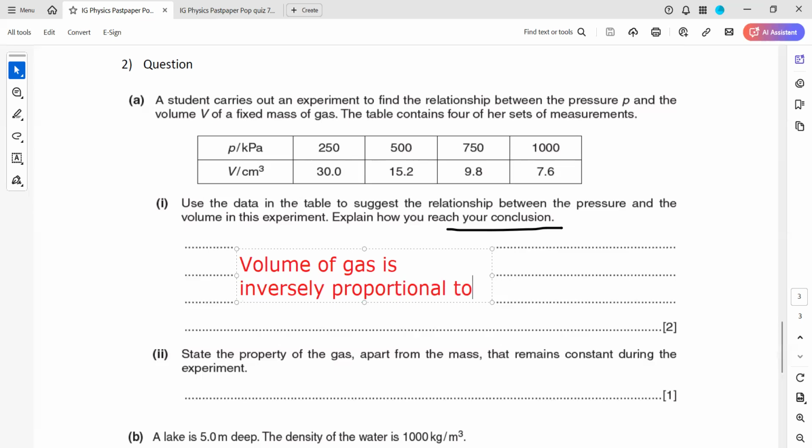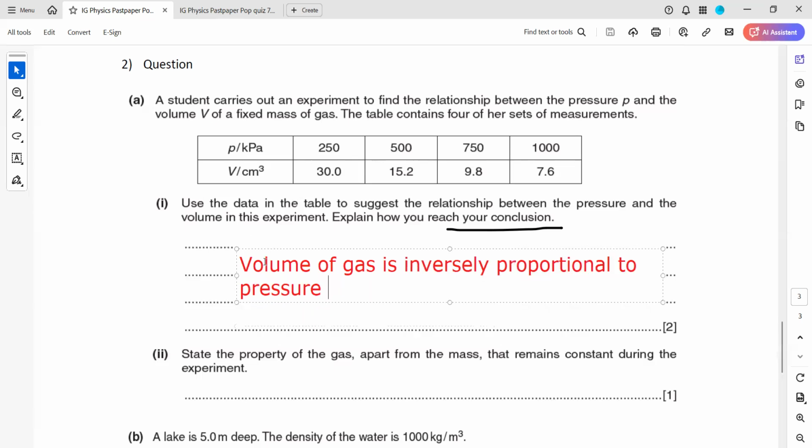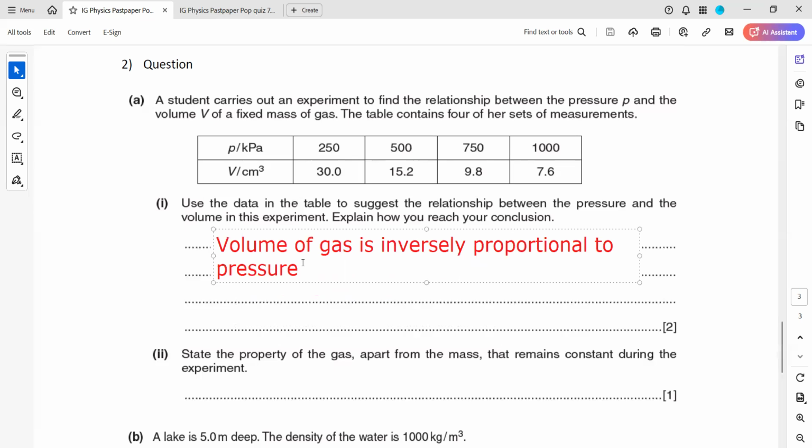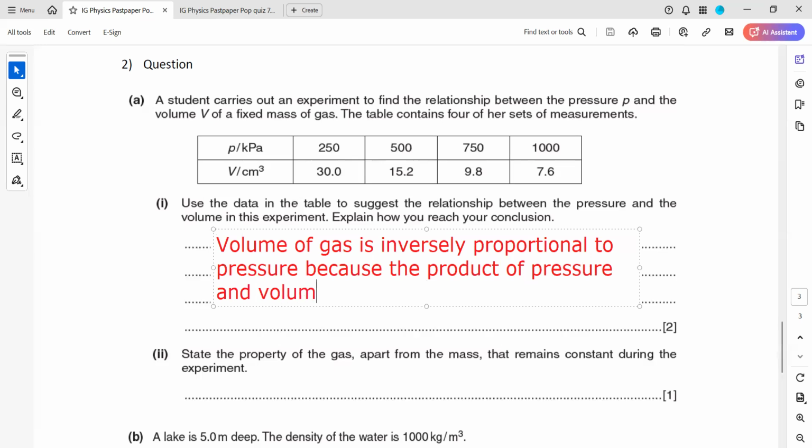Sir, can you include that this relationship follows Boyle's law? Yes, you can mention that. I get 3 points for 2 marks. Volume of a gas is inversely proportional to pressure because the product of pressure and volume is constant, or an increase in pressure gives a decrease of volume in the same proportion.